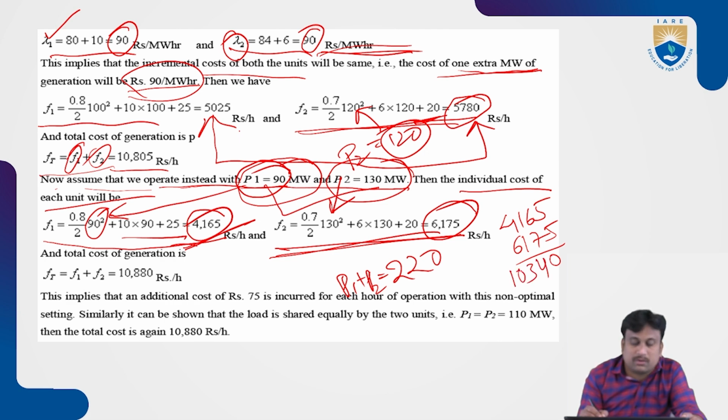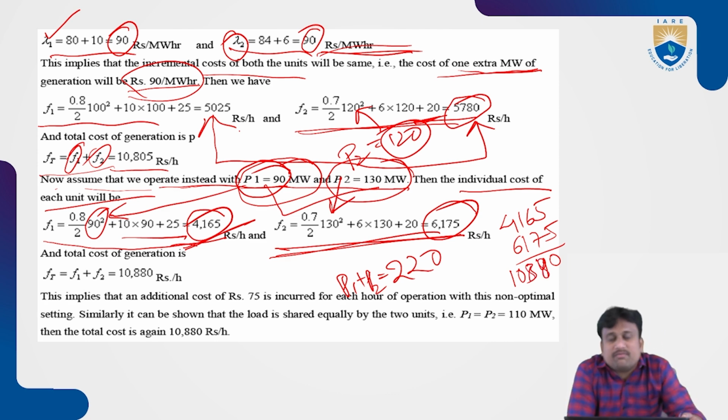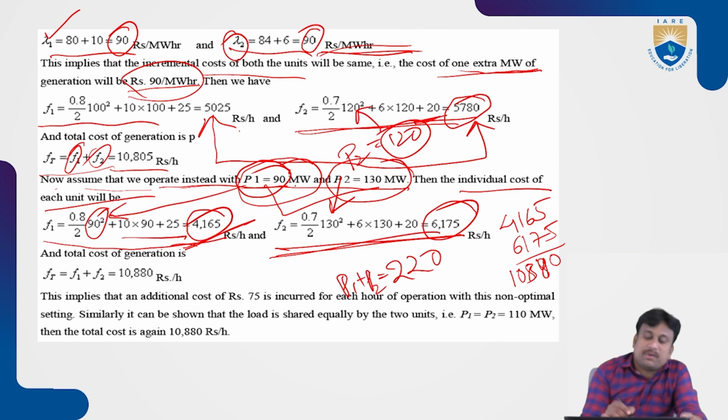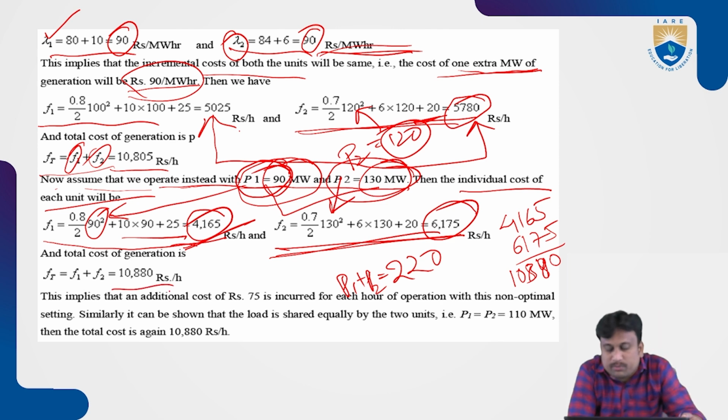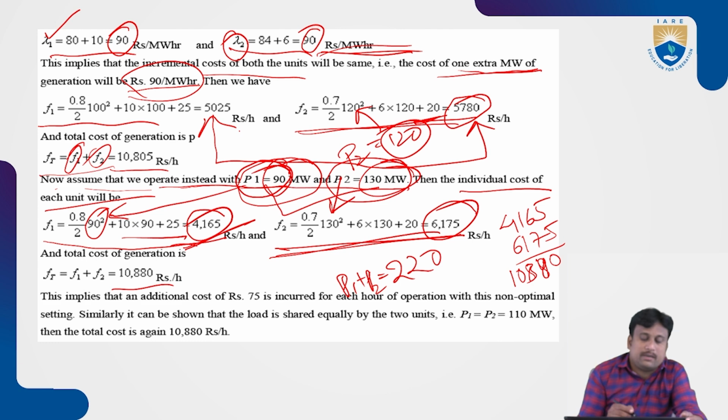This is about 10,880. So the total fuel cost when you consider P1 as 90 and P2 as 130 is 10,880 rupees per hour.